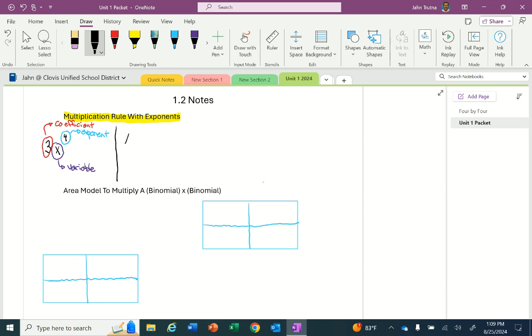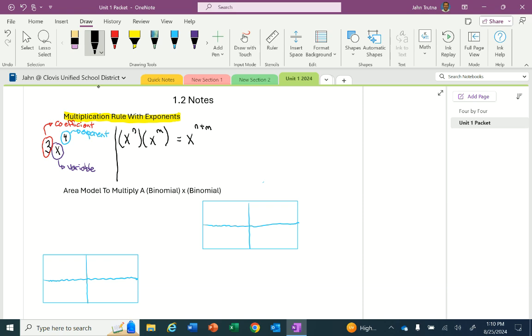Okay, so this is the rule. If we have x with an exponent of n, and then you're going to multiply that with x with an exponent of m, this is what the multiplication rule of exponents says. It says that is equal to x with an exponent of n plus m.